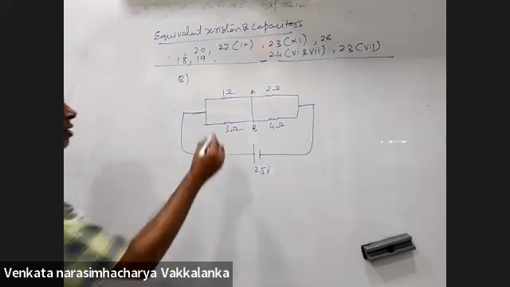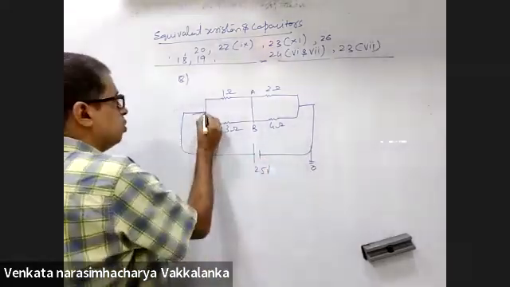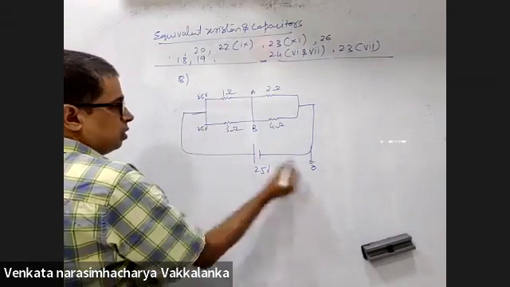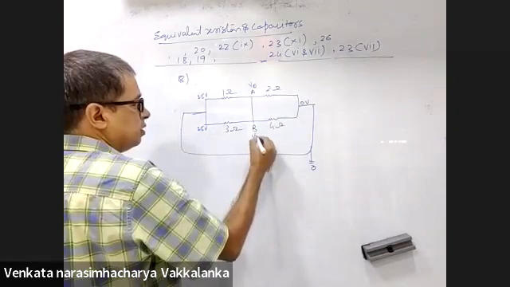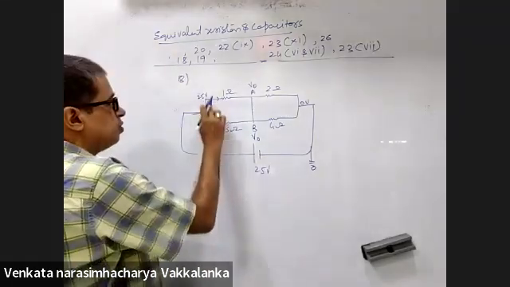Right? Technically, this is 0 volts, this is 25 volts. This is 0 volts. I'll call this V0, this will also be V. Right? So what is the current in this branch?